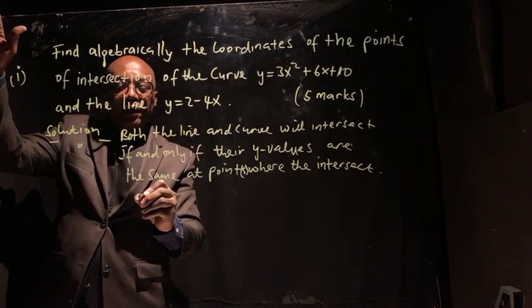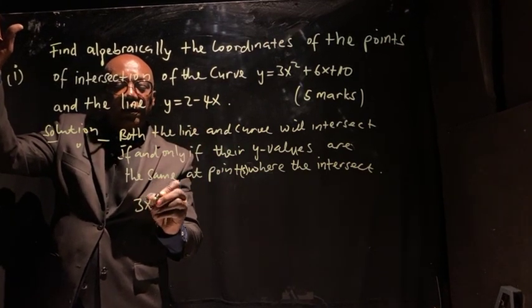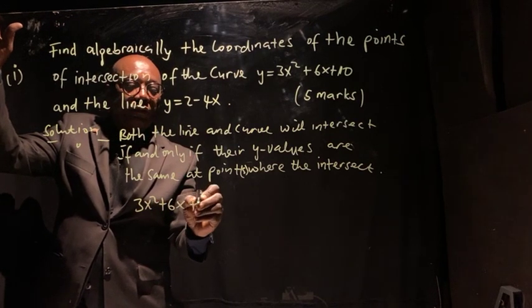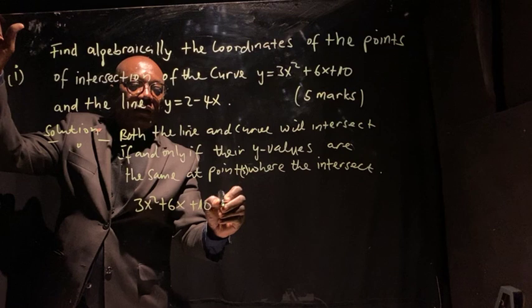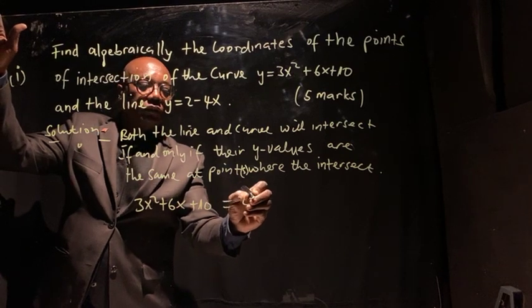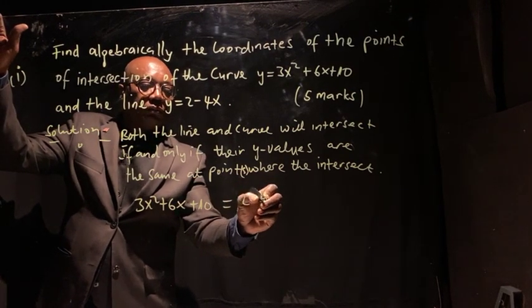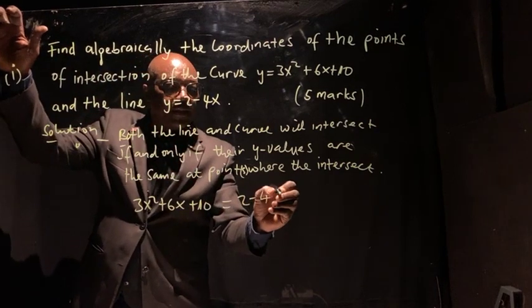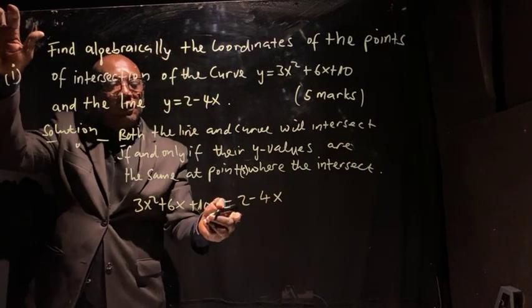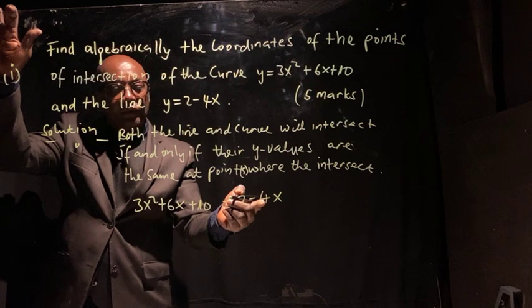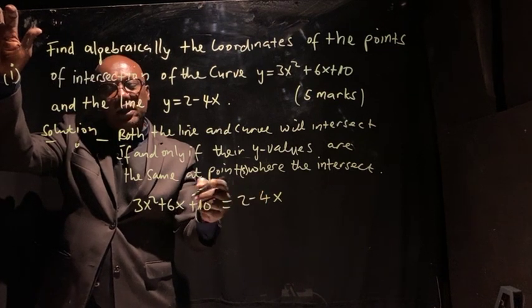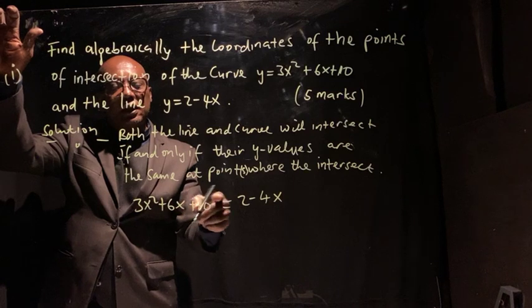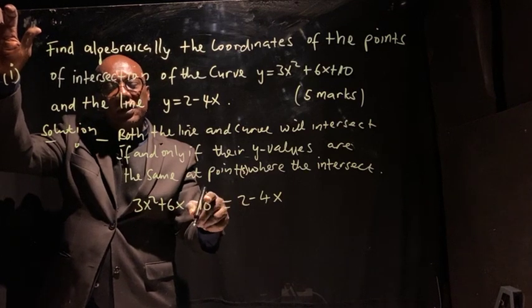In that case, we have 3x squared plus 6x plus 10 equals 2 minus 4x. We are bringing the 4x at the right hand side to the left hand side, and the constant 2 at the right hand side to the left hand side.